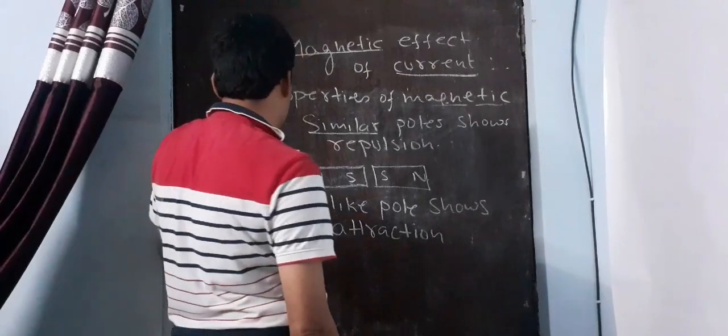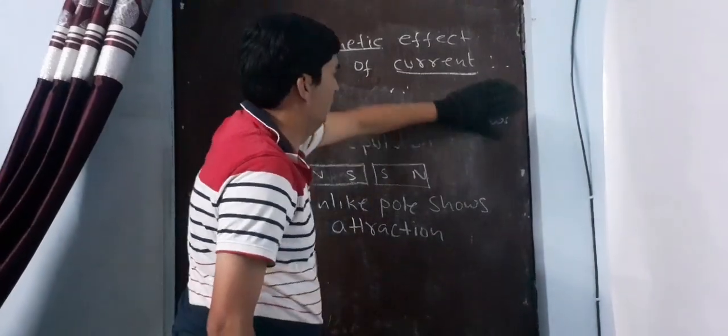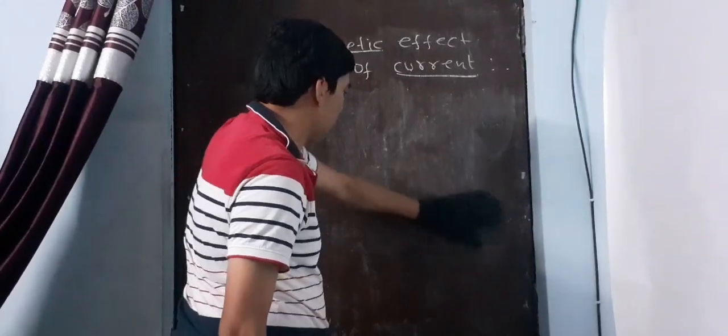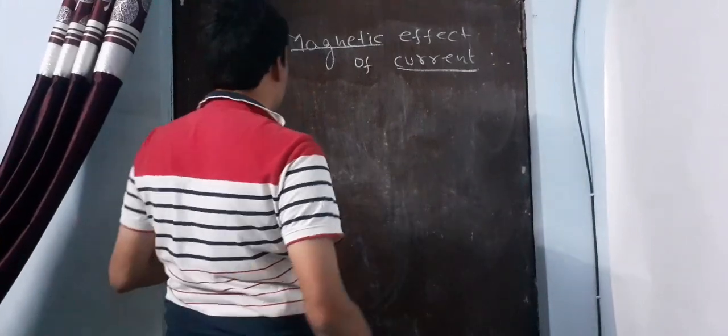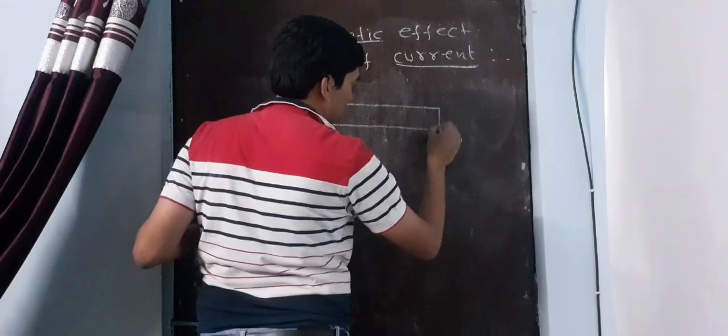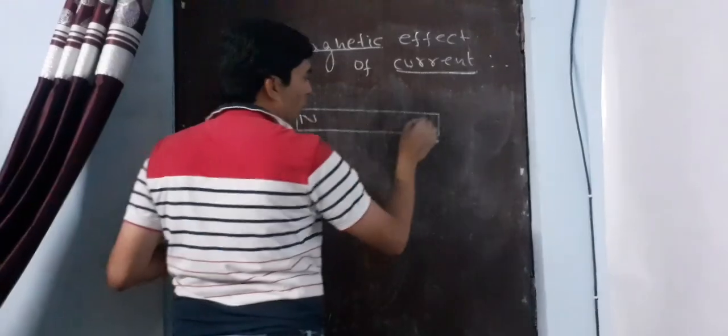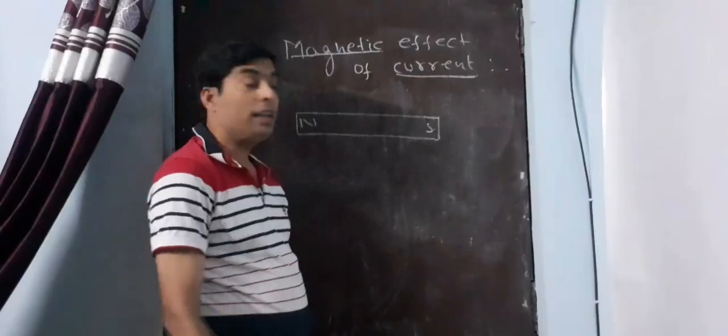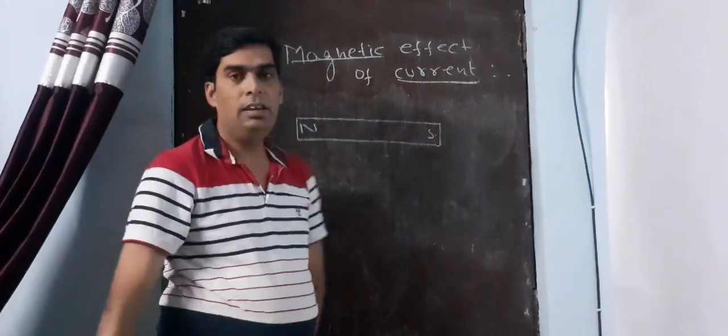Our next topic based on magnets: suppose we have a magnet here, again north and south. The magnetism is highest at the poles and slowly decreases towards the center.